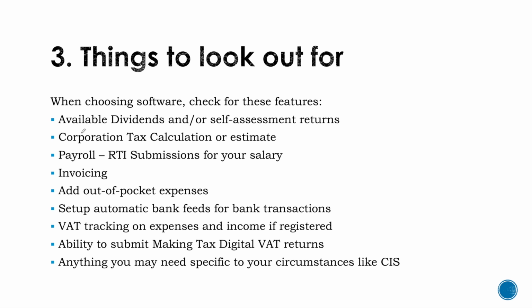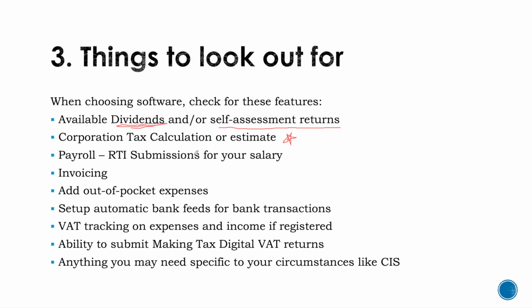So whether it has an available dividend section, so it can actually calculate this for you by taking away all the taxes, and then whatever's left is available as dividends. Self-assessment returns, again, nice convenience, but not completely necessary. Corporation tax calculation or estimate, this one is helpful because it ties in directly with the available dividends thing. So if it does have it, that's a bonus.